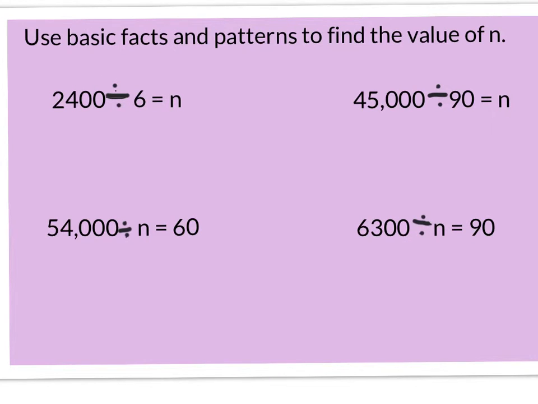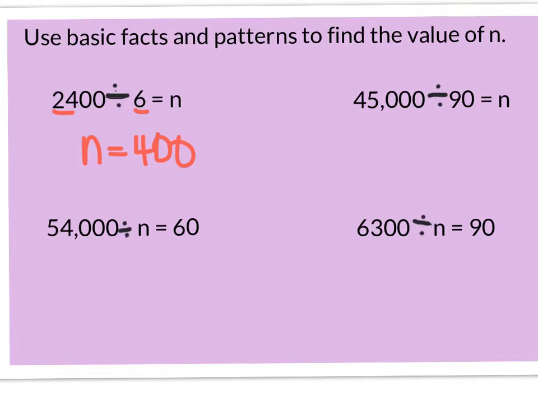Okay, so you do the same thing when you're trying to find the value of n. So here is our basic division fact. N is going to equal 24 divided by 6 is 4, and then you have 2 zeros left, so it's 400. So why don't you pause the video and see if you can finish the rest.